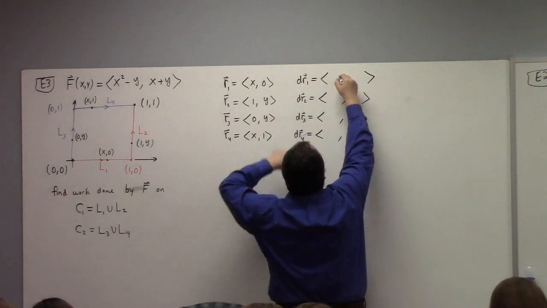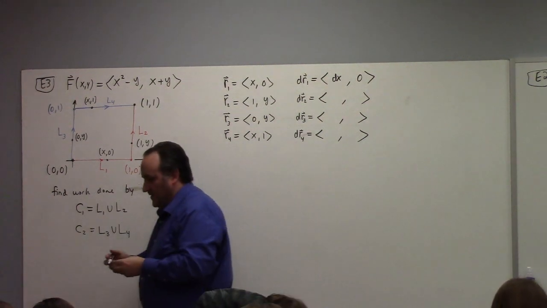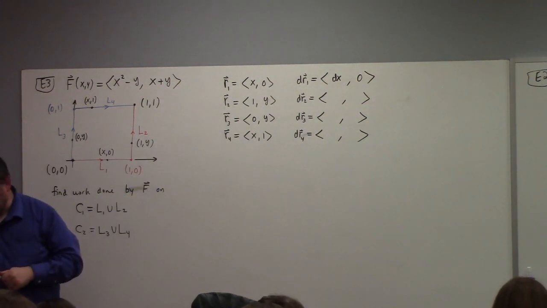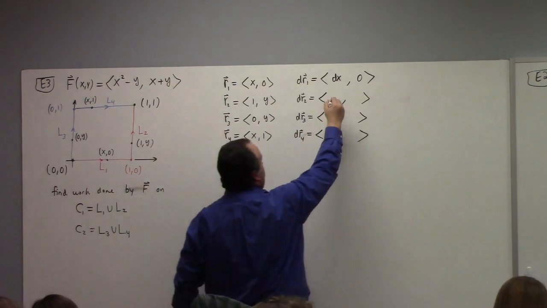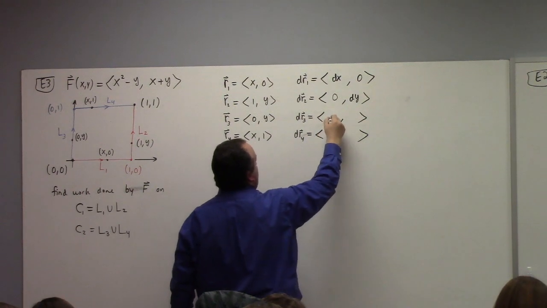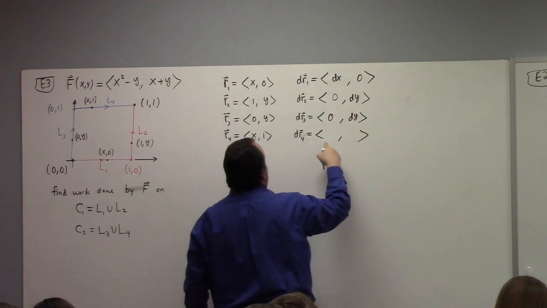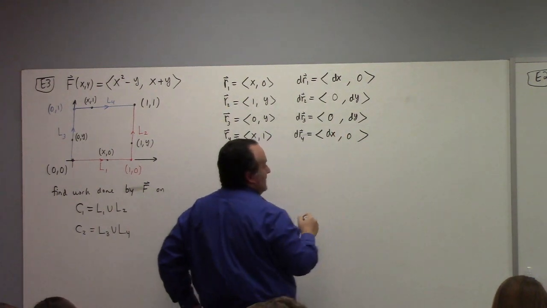So dr1 is going to be dx, 0. Care to guess what dr2 is? 0, dy. Very good. This one? 0, dy again. This one? dx, 0. Excellent.